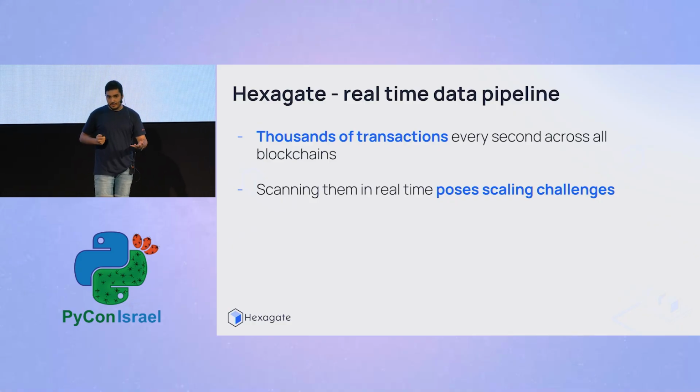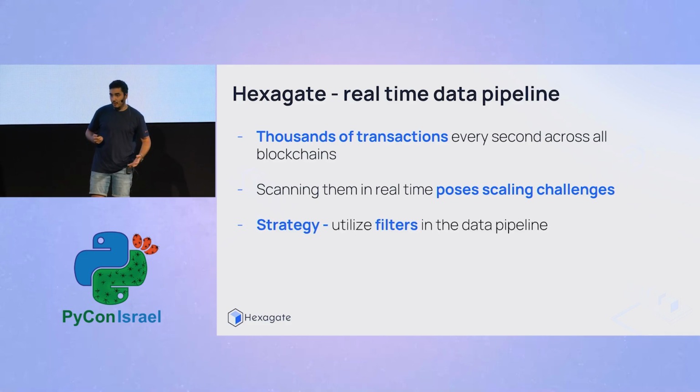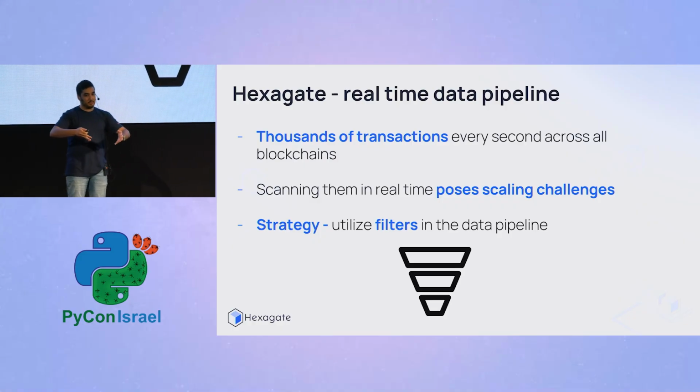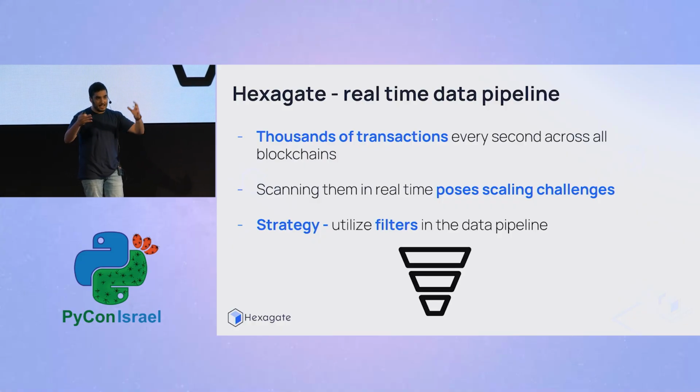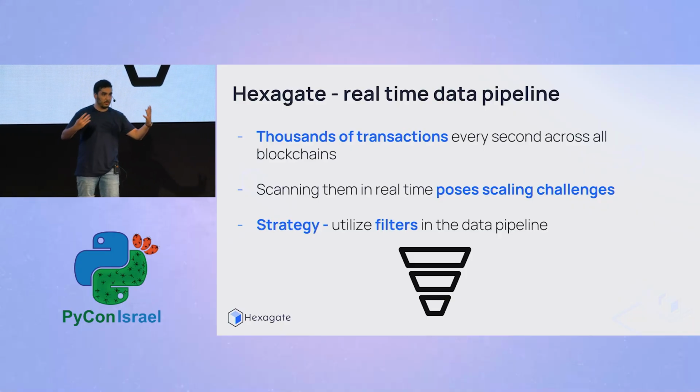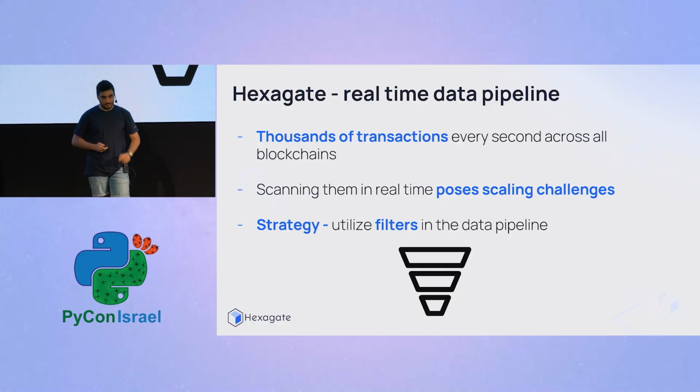So to handle these scaling challenges, we use the simple and very useful strategy of using filters. Basically, we want to create a funnel of the transactions and, as early on as possible, get rid of the transactions that are not worth looking into. And as we go on and do more complex logic that involves high CPU and I/O operations, we want to do it on less data.